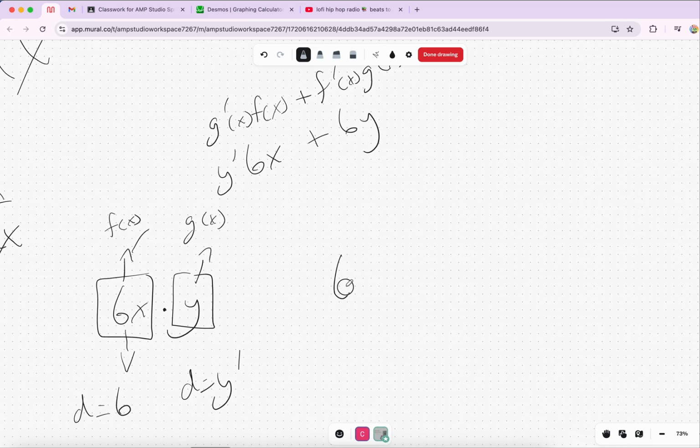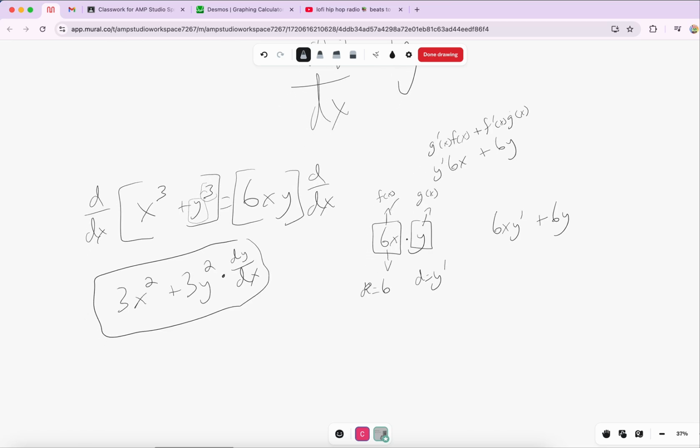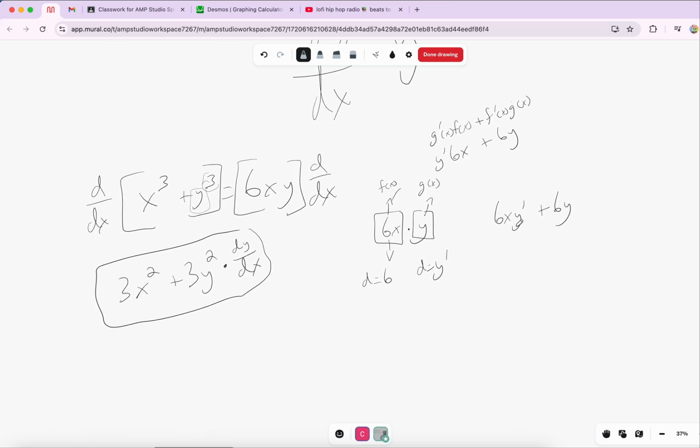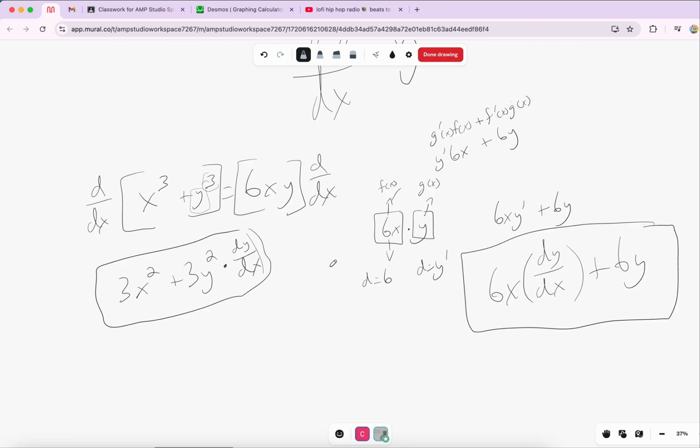So we have 6x y prime plus 6y. That's the other side of our equation. I'm going to rewrite this so it's the same term as before: 6x times dy/dx plus 6y. So that's the other half of my equation.